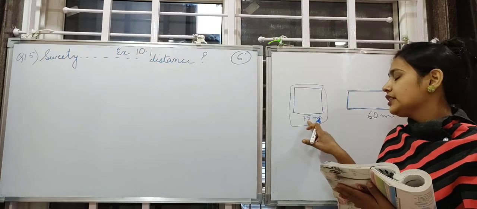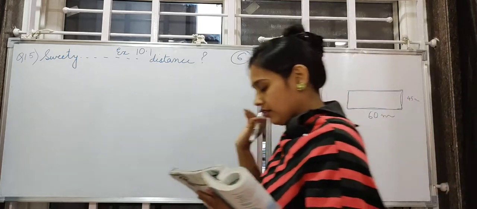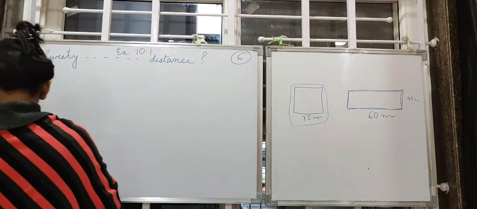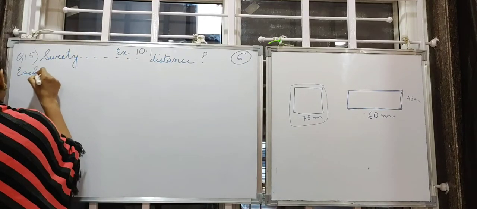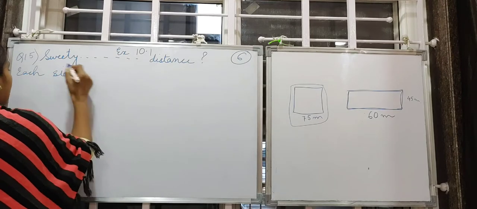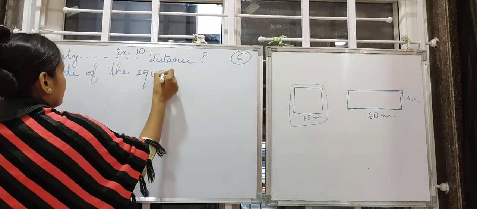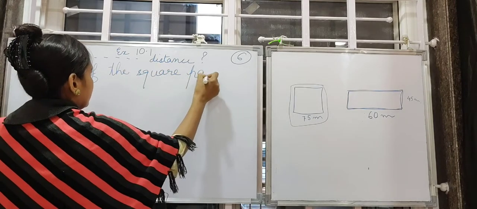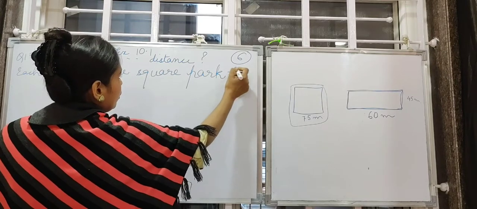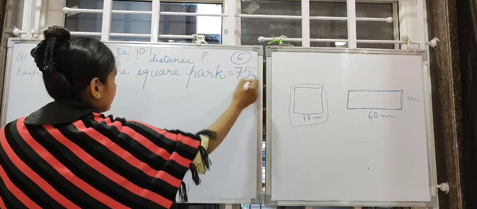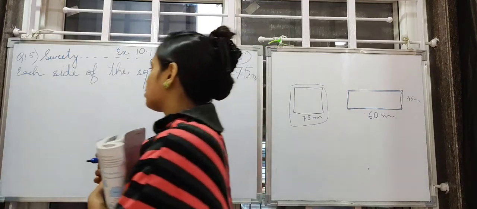So we are going to write each side of the square park, which is equal to 75 meters. Now what we have to find out? We have to find out the distance covered by Sweetie.